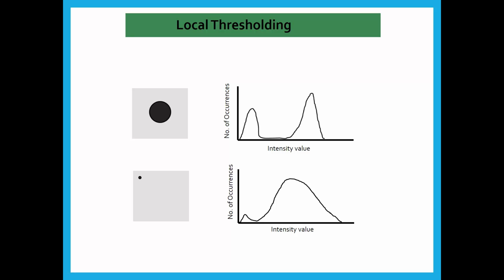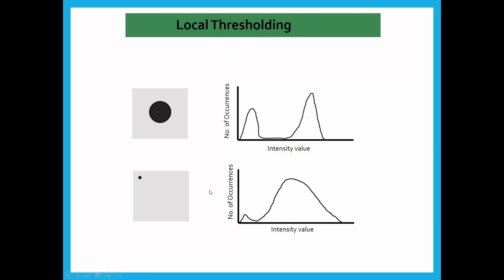You can see that the contribution to the histogram by the object pixels is almost negligible because the number of pixels belonging to the object is very small compared to the number of pixels belonging to the background.